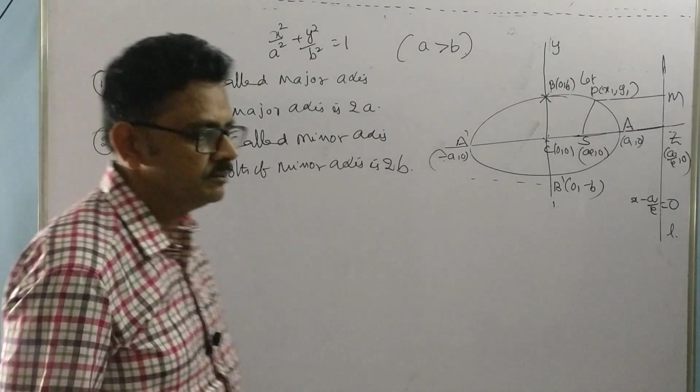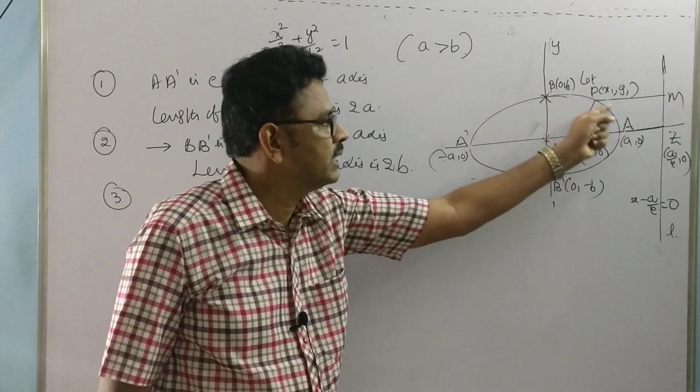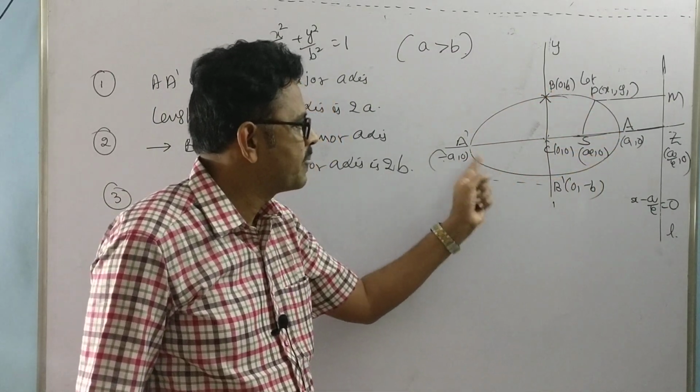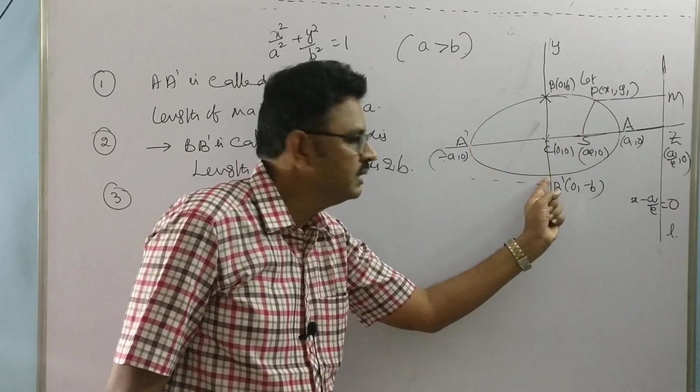Third point. See here, the curve is symmetric about both the axes. This part is symmetric about y-axis, and this part is symmetric about x-axis.